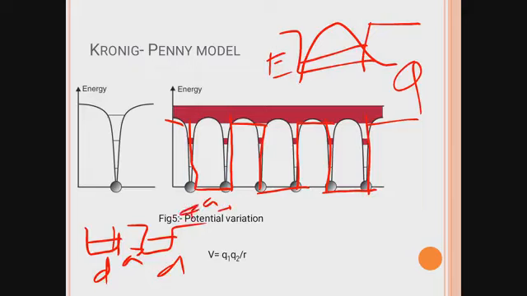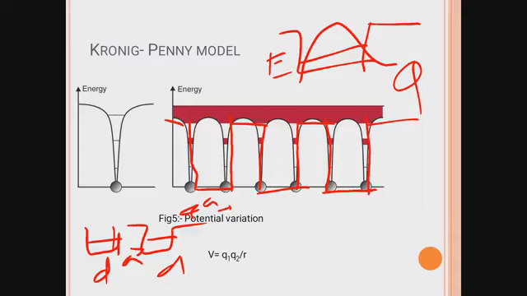From the diagram we can see these two wells are non-interacting due to this separation A. So each will have only one solution, both having identical height and width. When A is much larger than D, there will be no interaction between them.